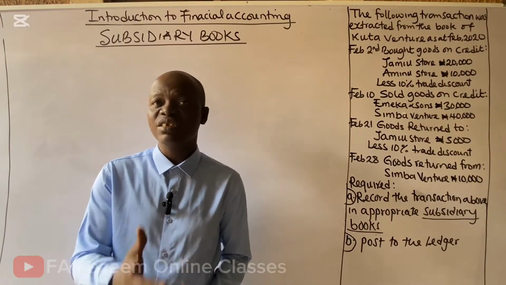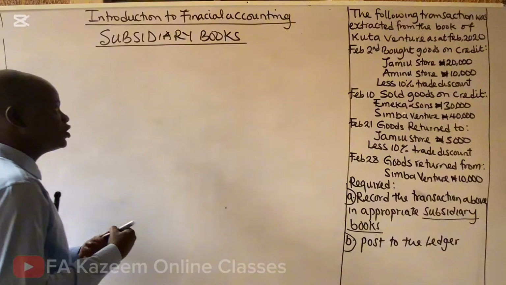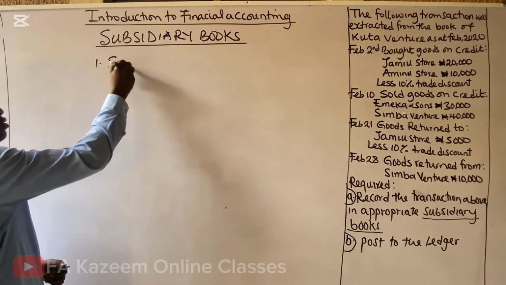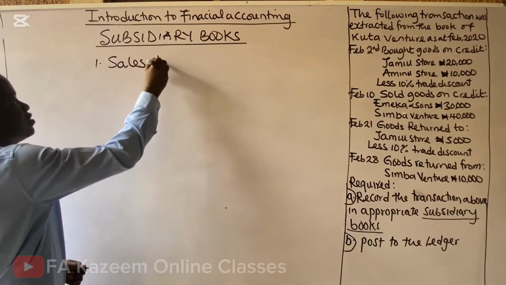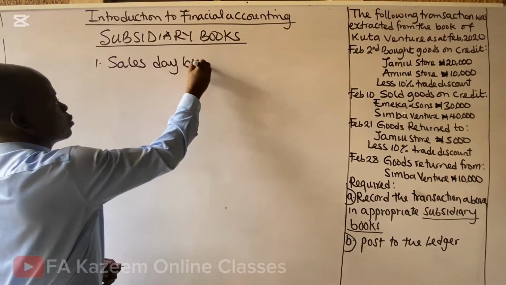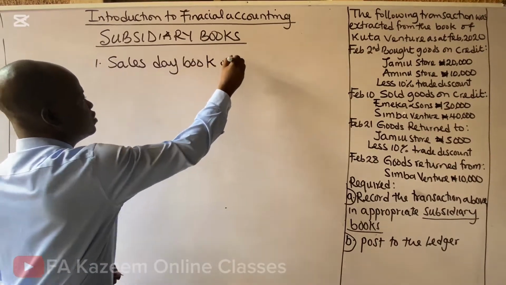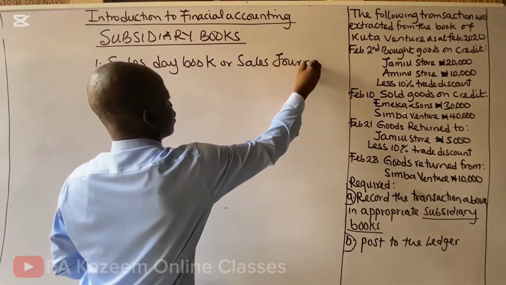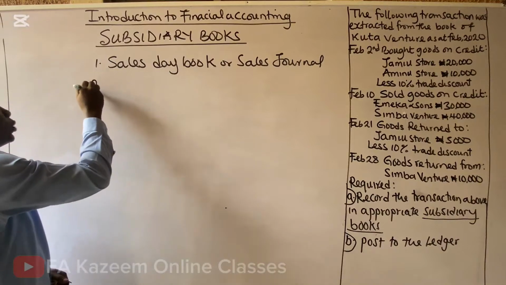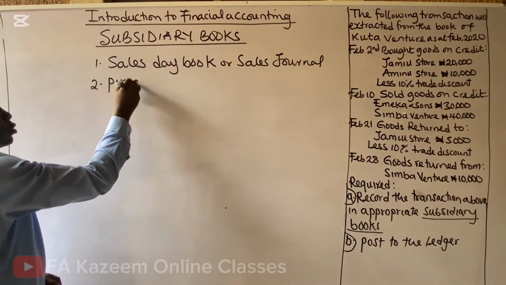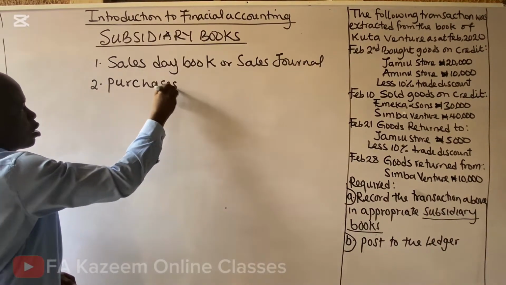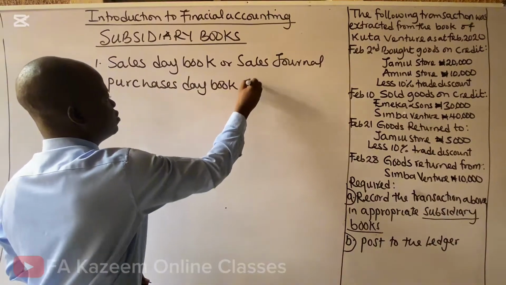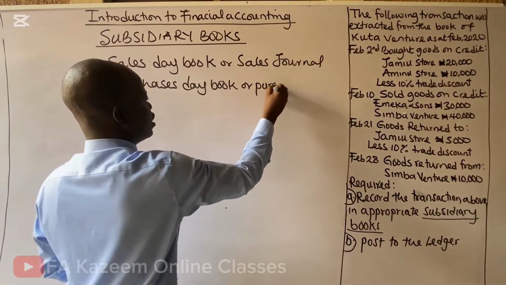In that case, what are these subsidiary books? We mentioned it in our last video, but we would like to bring it up again. We have the sales day book, or we call it sales journal. Two, we have the purchases day book, or we call it purchases journal.